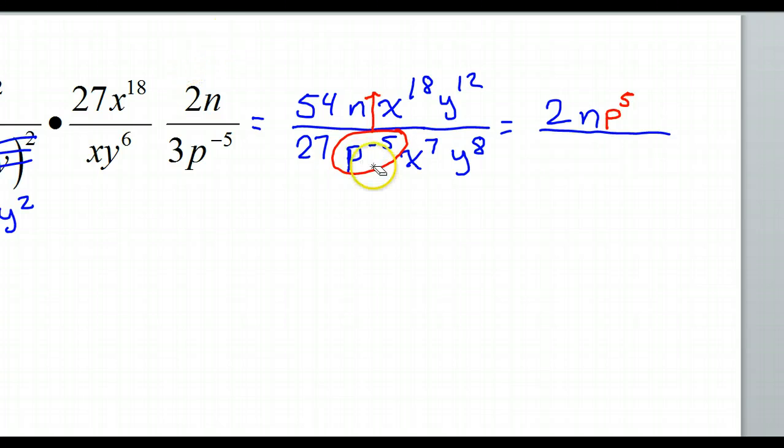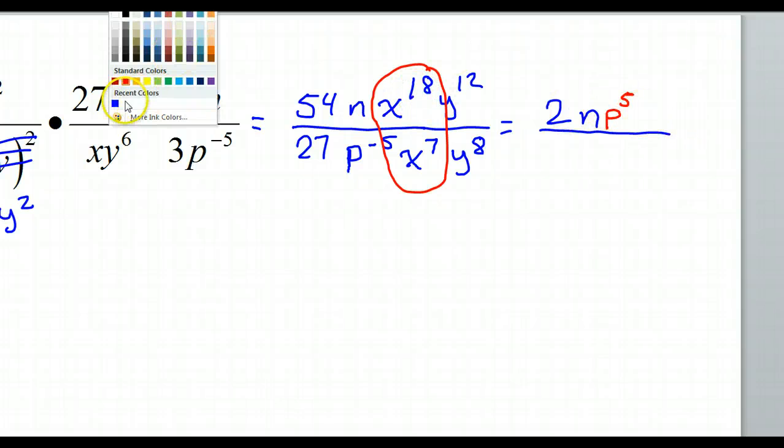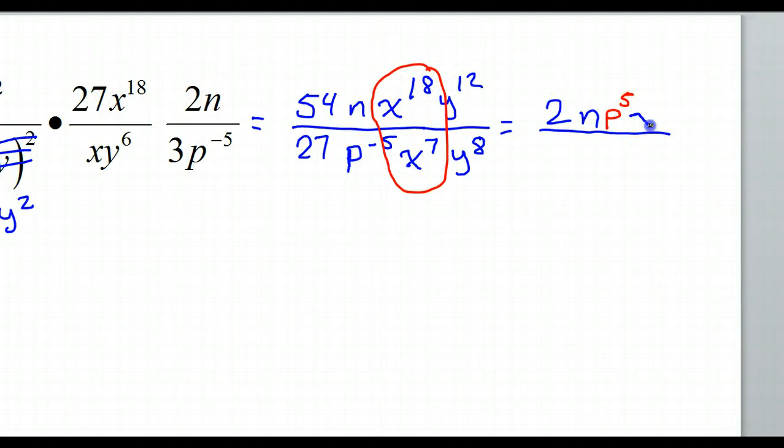Okay, now dealing with those x's, looking at the x's here, 18 x's in the top, 7 x's in the bottom. These 7 x's are going to cancel out 7 of these x's, and that is going to leave x to the 11th power. You know, basically subtract. And with the y's, look at all those y's I've got.